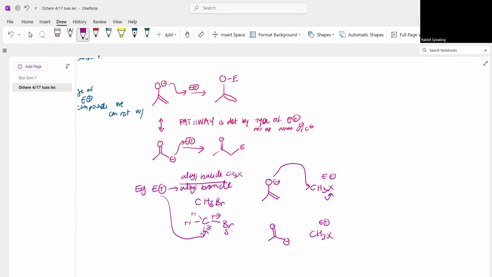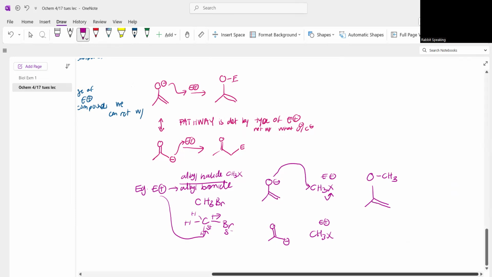Our nucleophile is coming, taking this carbon, and pushing out the halogen, giving the electron density to the halogen. That stabilizes the halogen because it now has an octet, so it hangs around as a leaving group. And then it will form OCH3 with this.